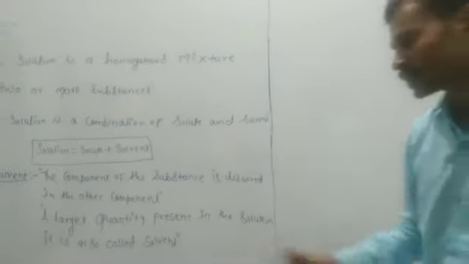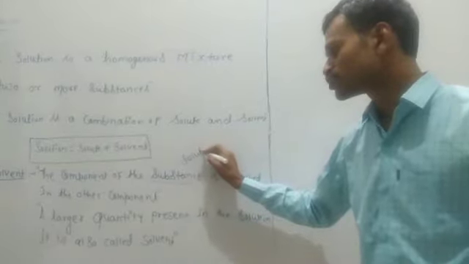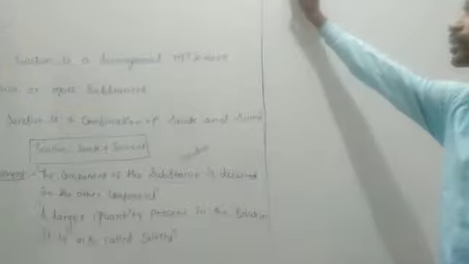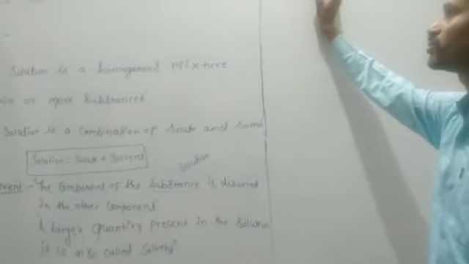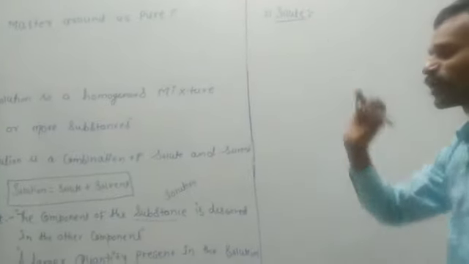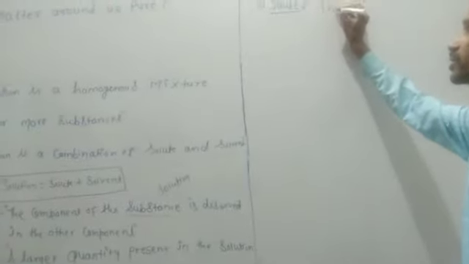In place of the substance, we can also use the word solution. So the second quantity in the solution is called the solute, and we will define it.